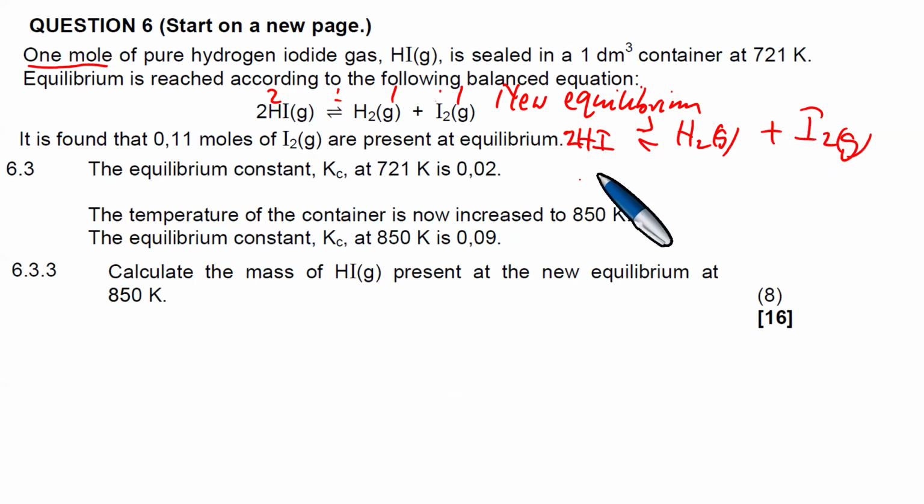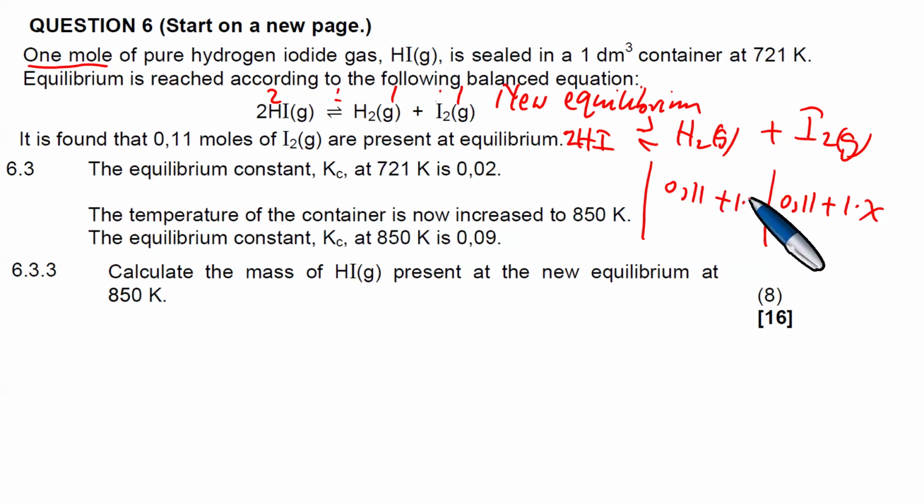I'm looking at the new equilibrium. At the new equilibrium, there's going to be 0.11 plus 1 times x. The 0.11 is from the previous 721 Kelvin concentrations.